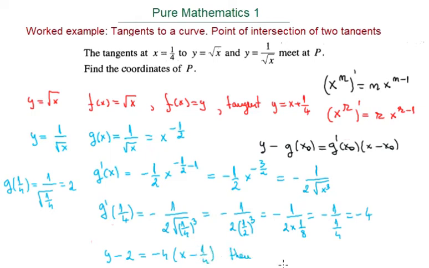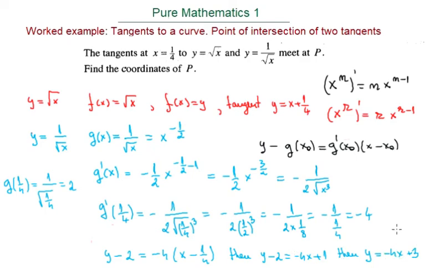We then get that y minus 2 will be equal to, expanding the brackets, minus 4x plus 1. Minus 2 goes to the other side, so then the equation for the tangent will be y equals minus 4x plus 3. This is the equation of the tangent to the second curve.